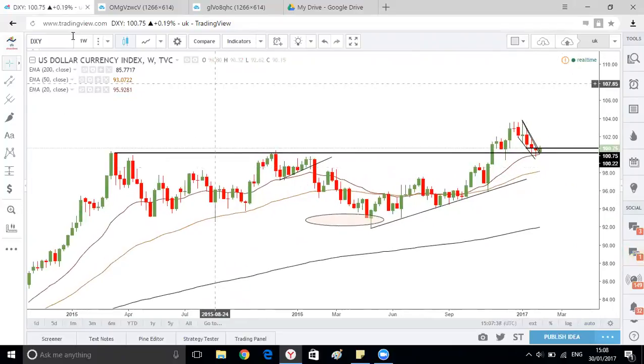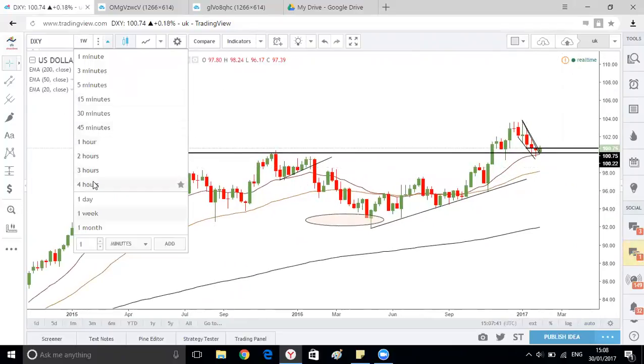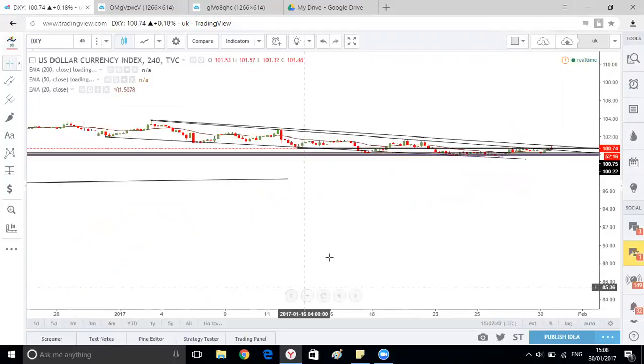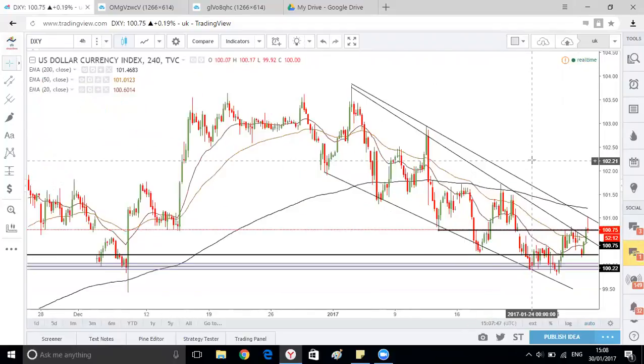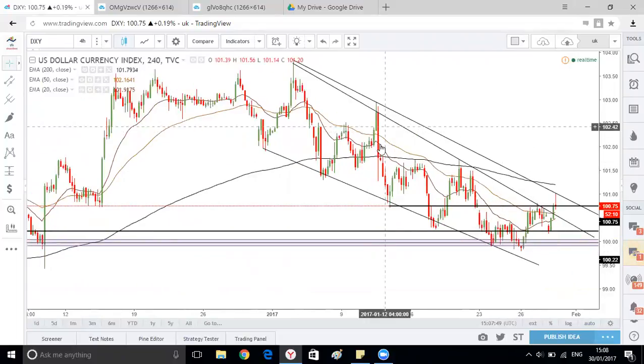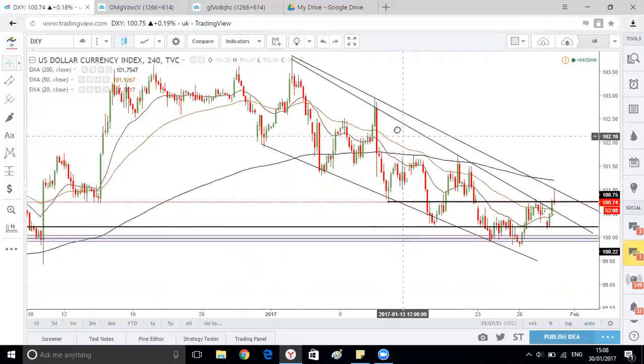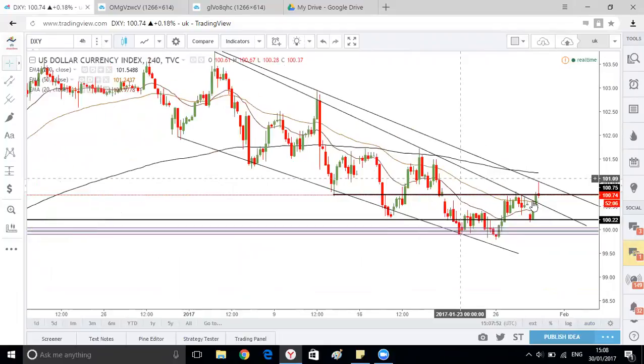Now zooming into the lower time frames, we have the 4-hour chart. You can see prices are in a falling wedge, and the 50 and 20 EMAs have crossed under. You can see this level.